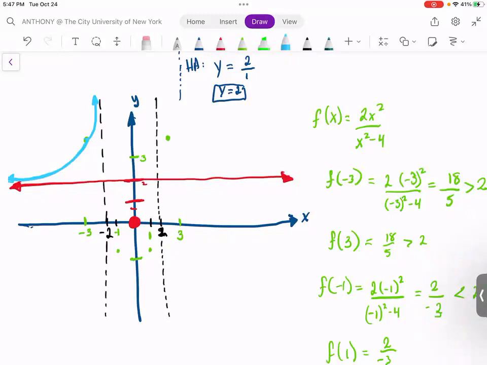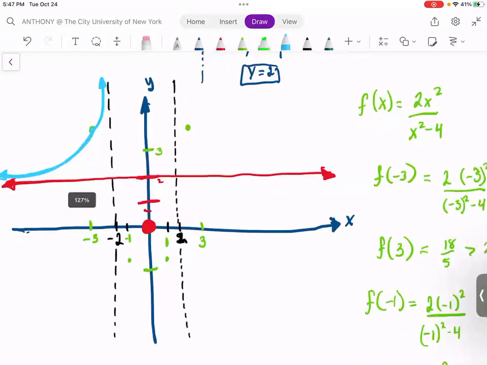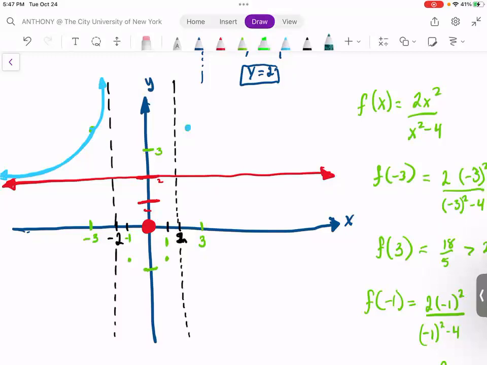Let me do it again from the far right this time. When we had the point 3, 18/5, right? That particular point. What do I know? Well, by the definition of the vertical asymptote, the curve has to get really close to that vertical line. So it's going to increase, but never touches.